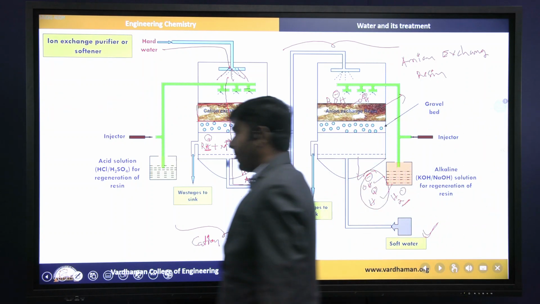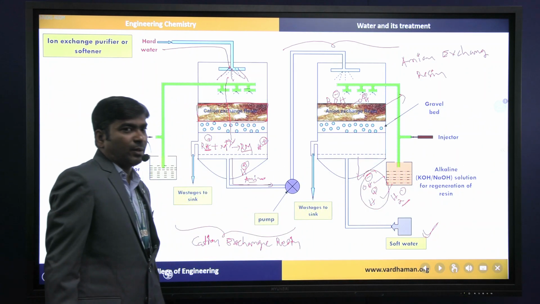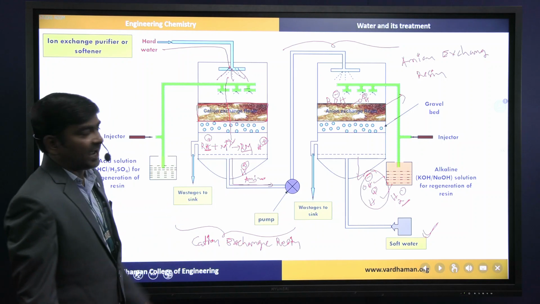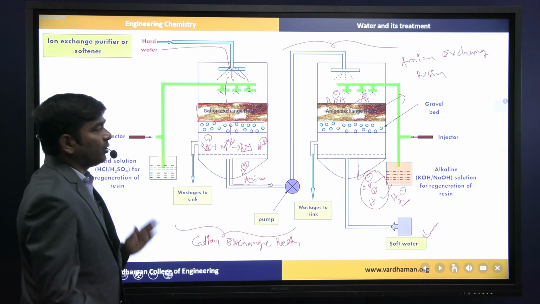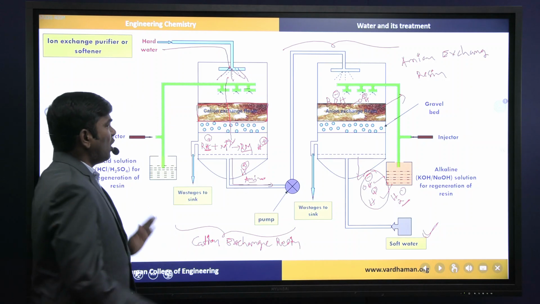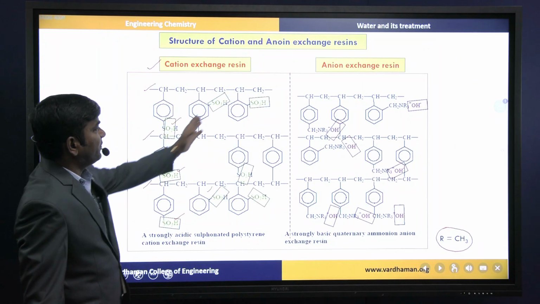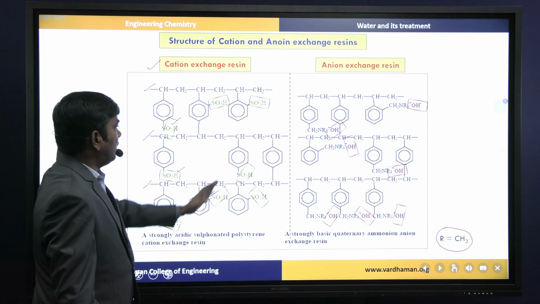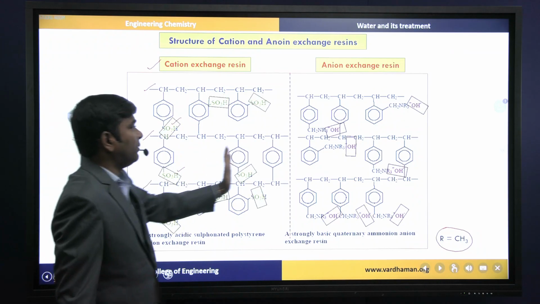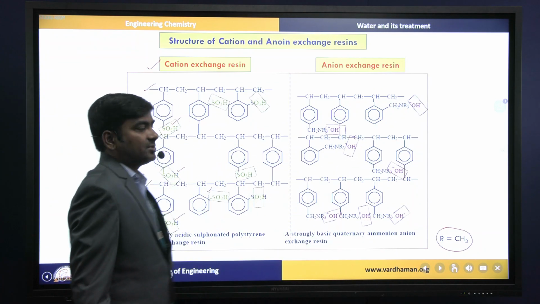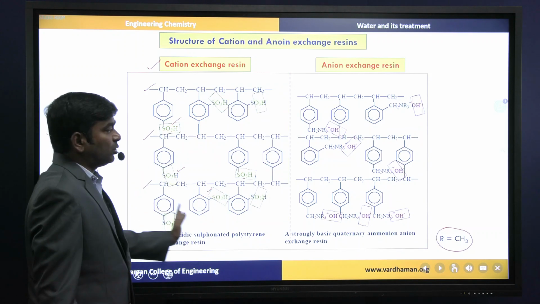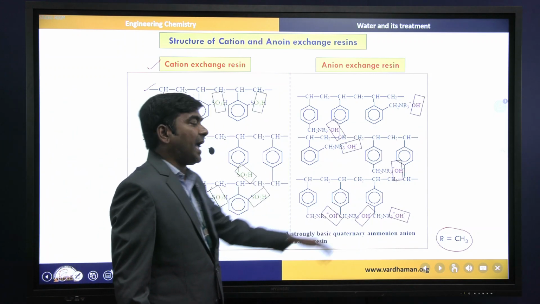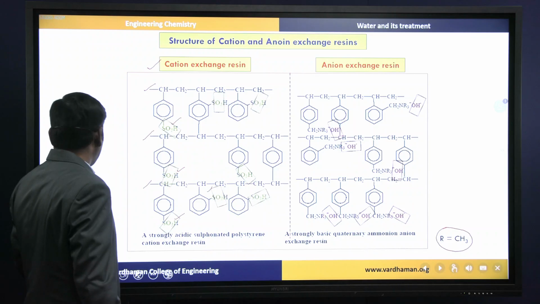After using it for a number of days, or multiple times, these two cation and anion exchange resin beds get saturated. That means all the functional groups are captured by cations and anions, so no free cation exchange functional group and no free anion exchange functional group is available.